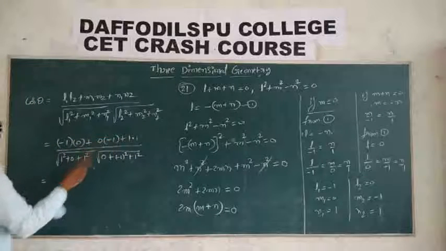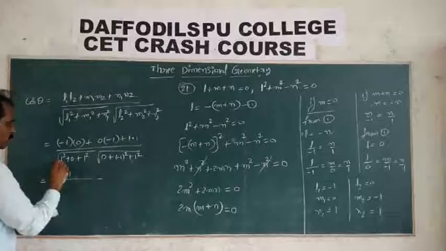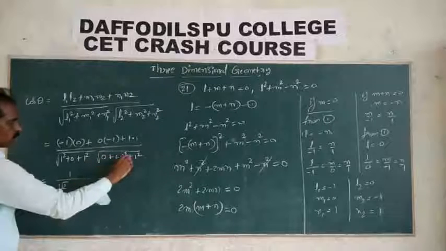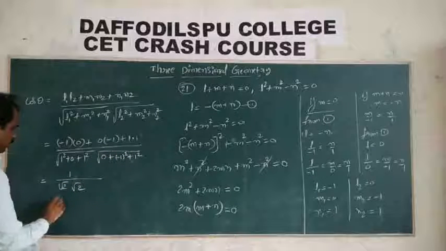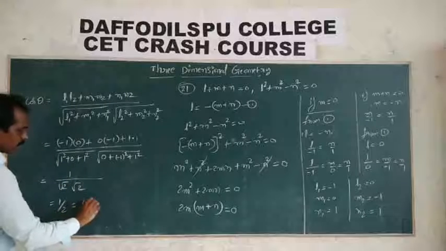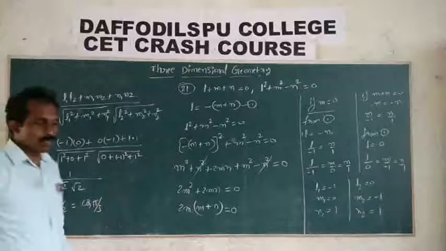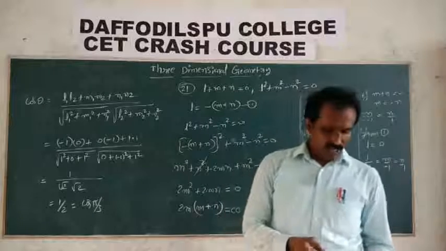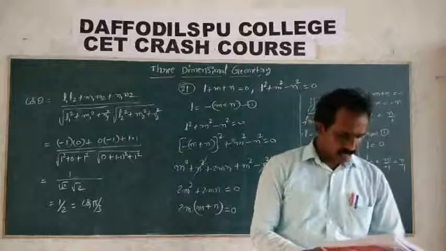Therefore 0 plus 0 plus 1, divided by root 2 into root 2, that is 1 by 2. Cos theta is 1 by 2, cos pi by 3. Therefore theta is equal to pi by 3, 60 degrees. Okay. Third option is the correct answer. Right.